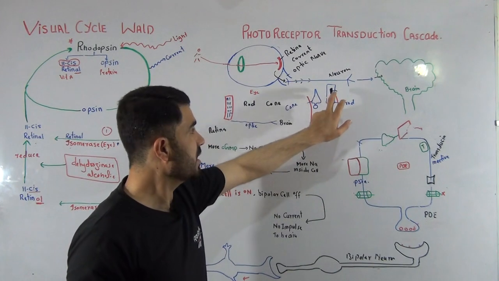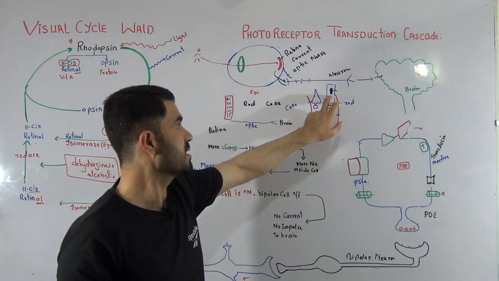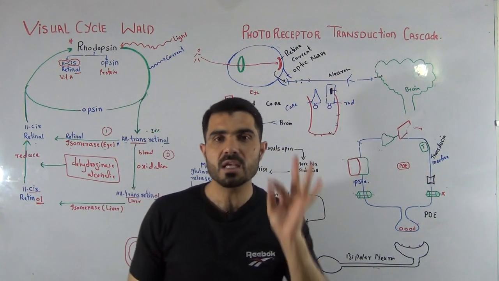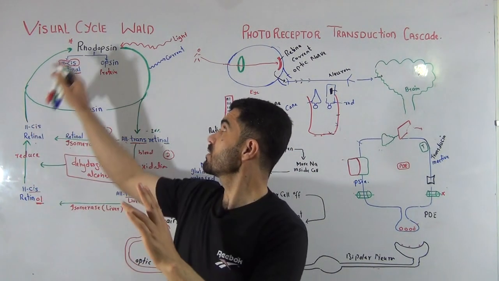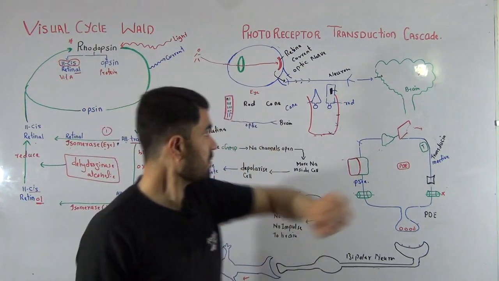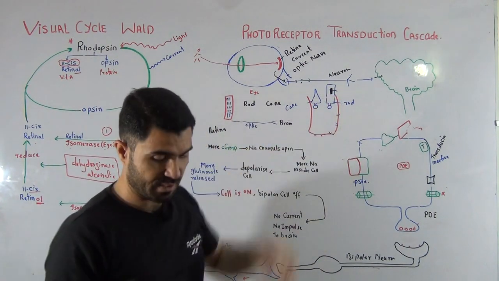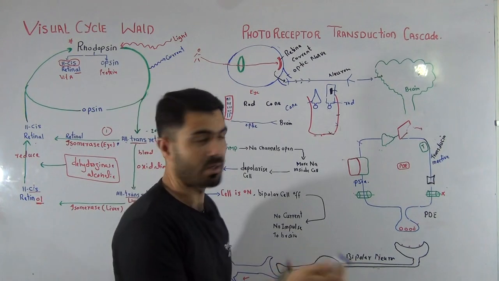If you look inside the rod cell, you will see a very special conjugated molecule that we have already discussed. It is rhodopsin. Rhodopsin is present inside your rod cell.